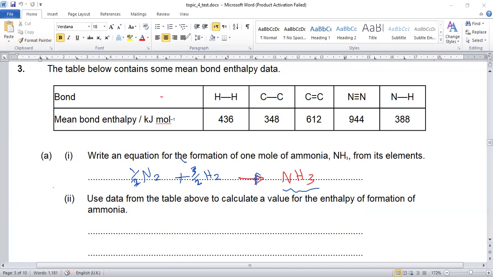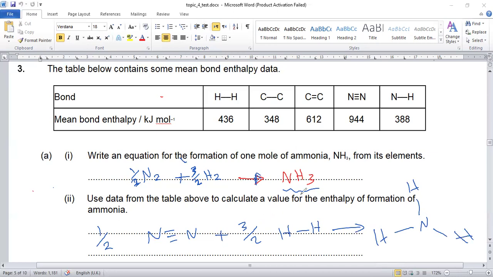We must show the bonds before the calculation. So we have N triple N times half plus 3 divided by 2 H-H, and here we have N-H. So you will write the value and multiply by the number of moles.